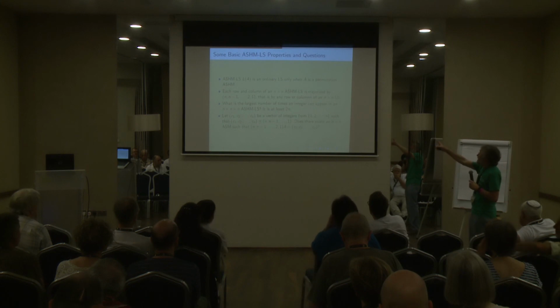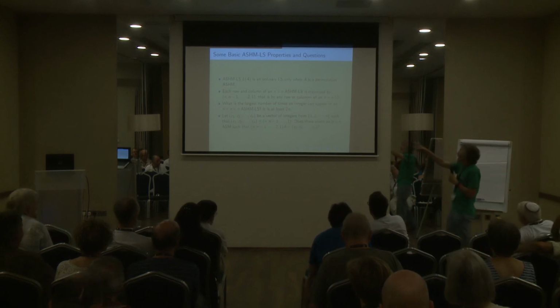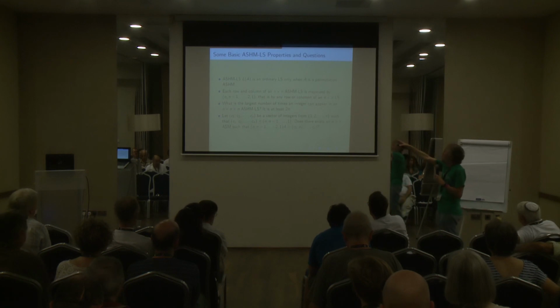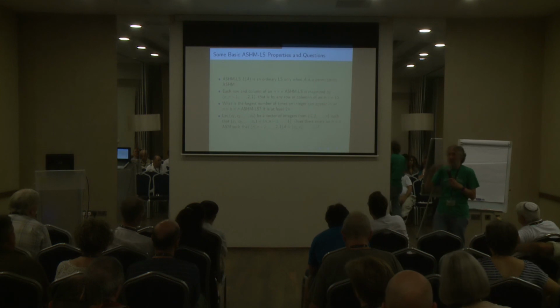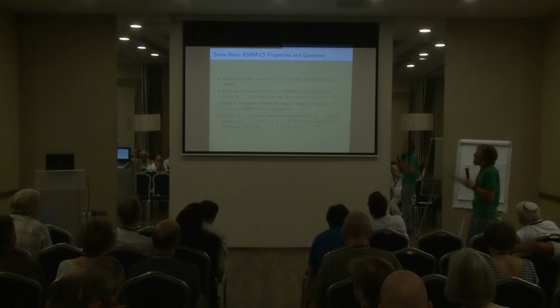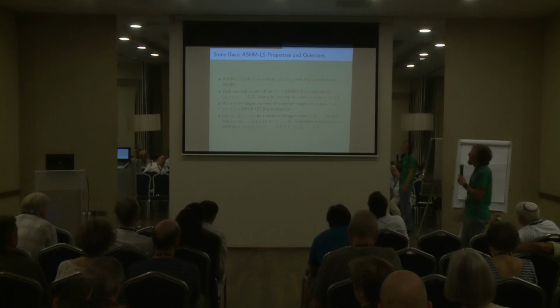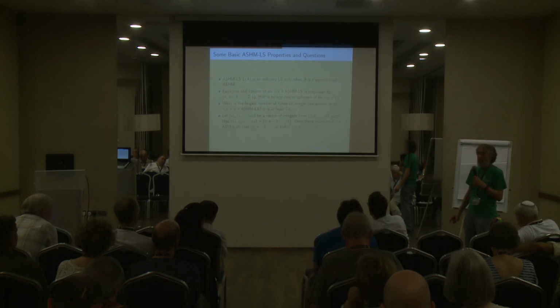Each row and column is actually majorized, this is the dominance order, by the vector n, n minus 1, 2, up to 1. If you don't know what majorization is, or the dominance order, don't have to worry about that, okay? But we don't know how many times an integer may be repeated in an n by n alternating sign hypermatrix Latin square.